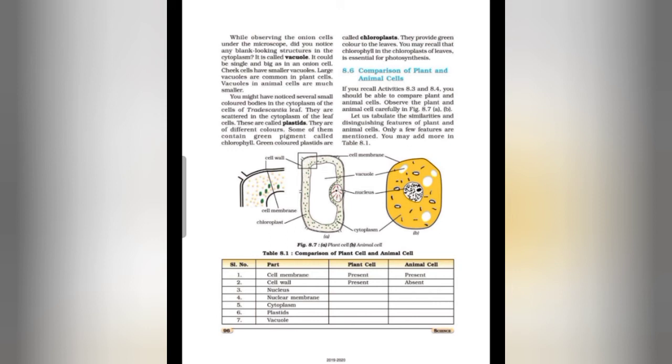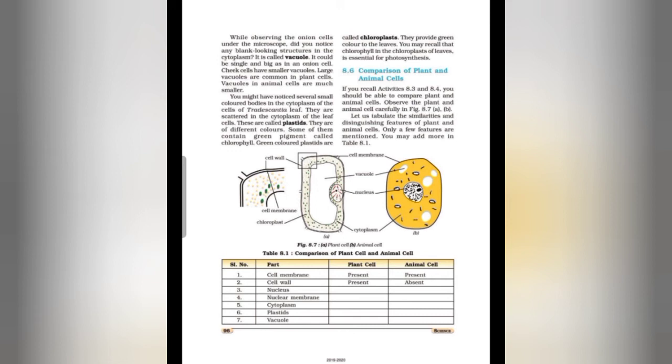So students, we can say that a plant cell has a large vacuole, that is the blank looking structure. A big sac like structure is present, that is called a vacuole, and in the plant cell it is very large in size and fills most of the space of the plant cell.